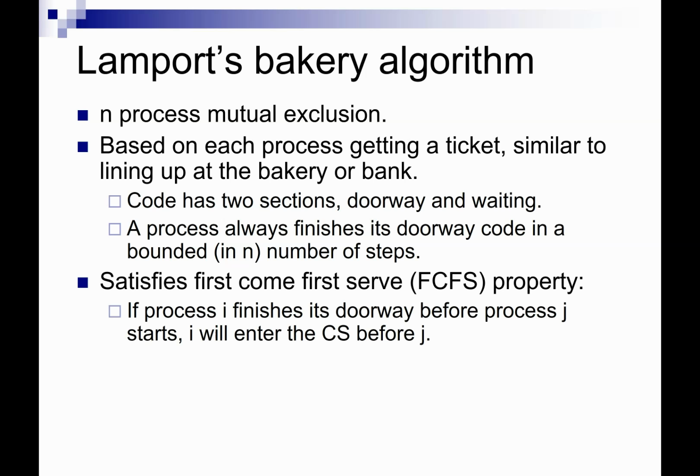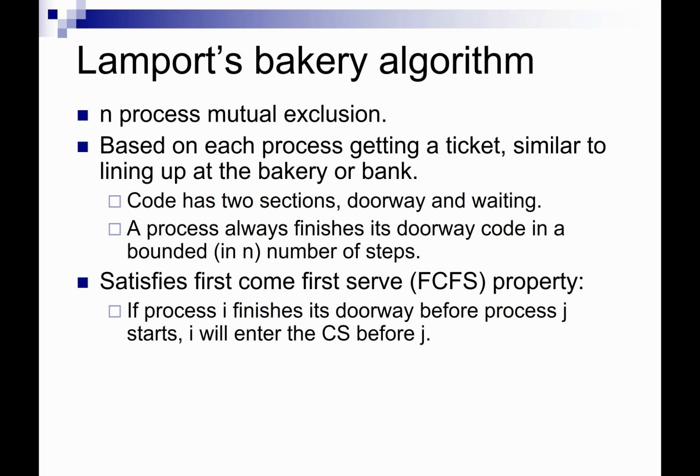And this bakery algorithm has this nice first come first serve property. What it's saying is that if one process I finishes its doorway section, which is a few lines of code, before another process J even starts the algorithm, then I will definitely enter the critical section before J. Now, if both I and J are running their doorway sections concurrently, we don't know who's going to go into the critical section first.